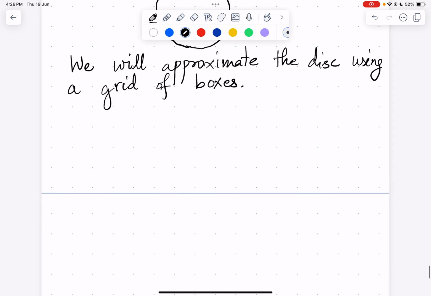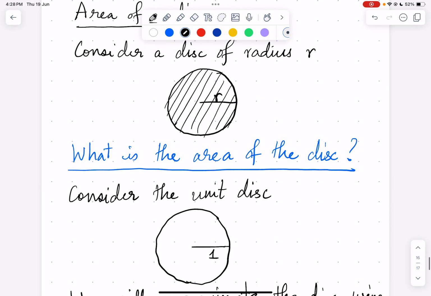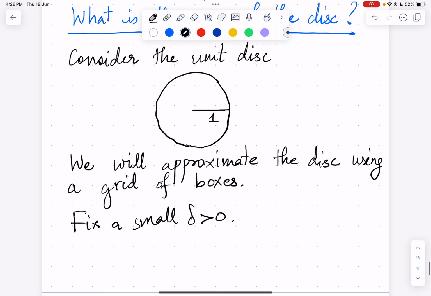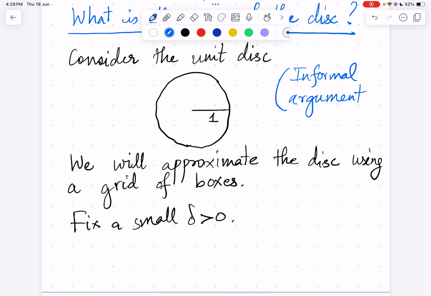Okay, so fix a small delta greater than 0. This is an informal proof, by the way. This is an informal argument. Okay, so we will approximate the disk. Consider the unit disk, the disk with radius 1.